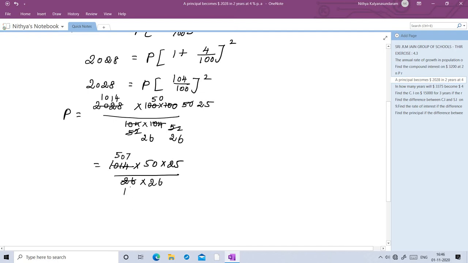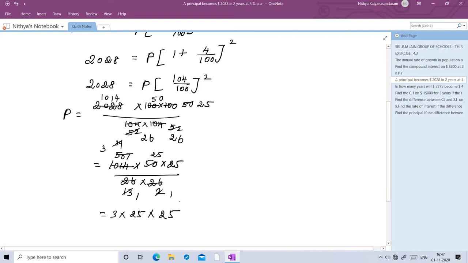Then 13 table we can divide, 3 13s are 39. Then 2 table again, 25. So remaining is 3 into 25 into 25.